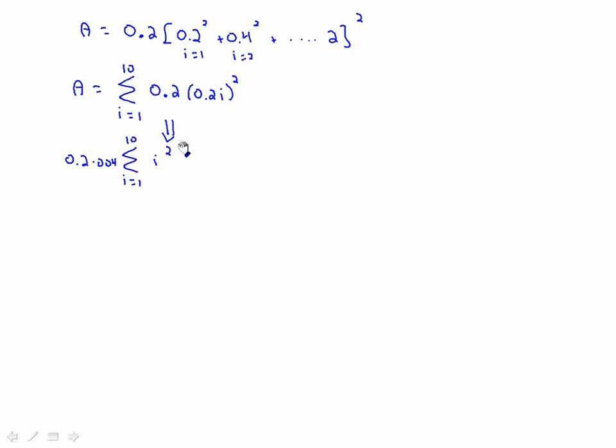So it's identical to the previous one except for the extra term. So therefore, the area is equal to 0.08, the sum from I equal 1 to 10 of I squared. And again, we can break that one up by using the formula that we do have.